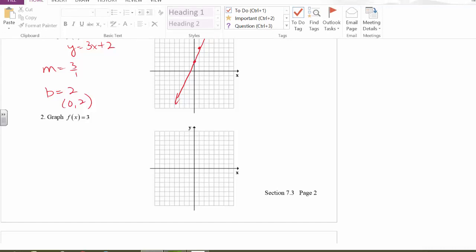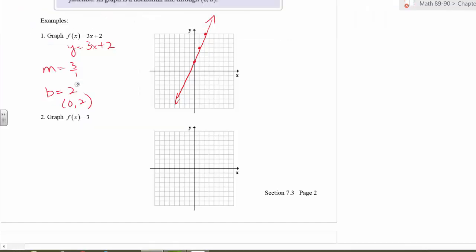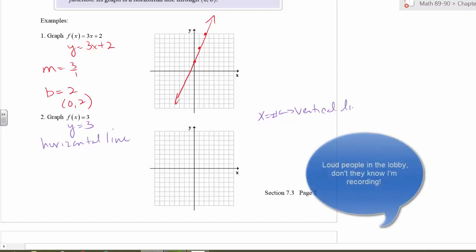For number 2, remember this is the same as y equals 3. When you just have y equals a number, this is going to be a horizontal line. So you need to remember that x equals a number is vertical, and y equals a number is horizontal. A vertical line has an undefined slope.